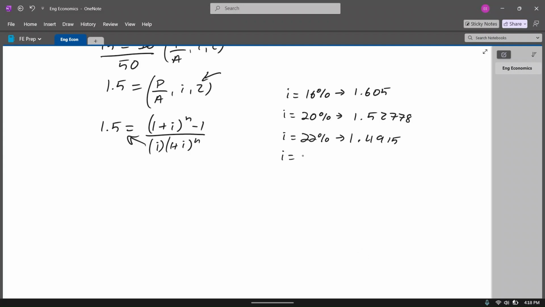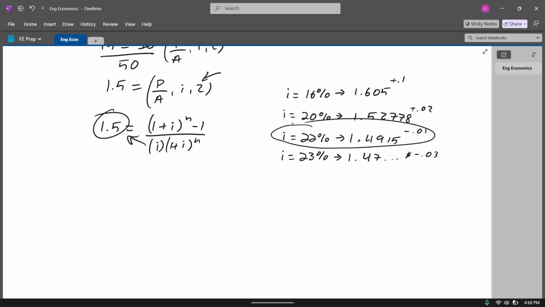If the interest were to be 23%, this is going to be 1.47. Okay, so this one is plus 0.1, this one is plus 0.02, this one is minus 0.01, this one is minus 0.03. So as we can see, the interest rate that is closer to the 1.5 value is going to be this one. So in this case, 22% is the answer, which is C.